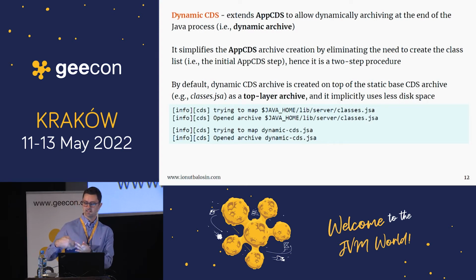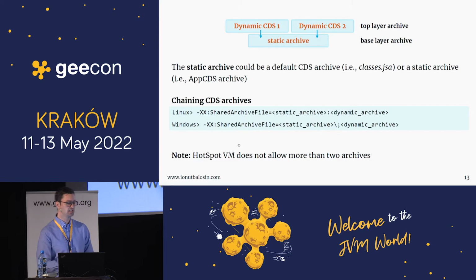One important aspect about dynamic CDS is that it has a slightly different approach than App CDS, in the sense that, I will switch the slide and you can check the diagram on top. If you create an App CDS, it also contains the system classes. If you create a dynamic CDS, it's a slightly different approach. It has a layering approach.